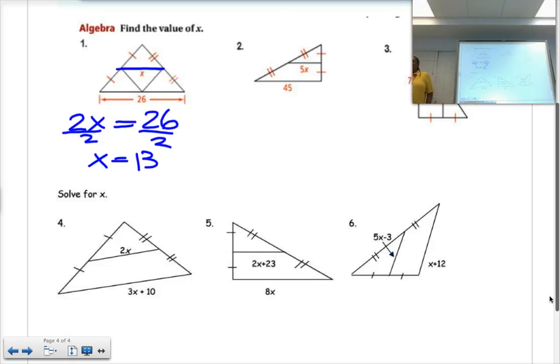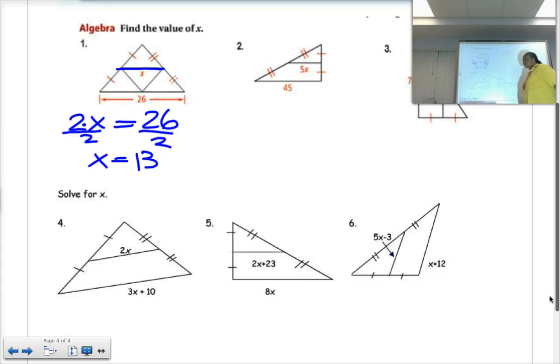This is a midsegment problem. We know that the theorem told us 2 times whatever this length is equal to the third side of the triangle. Okay, so let's set this one up.